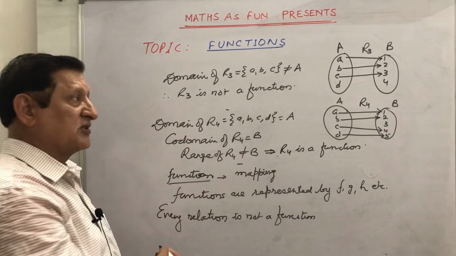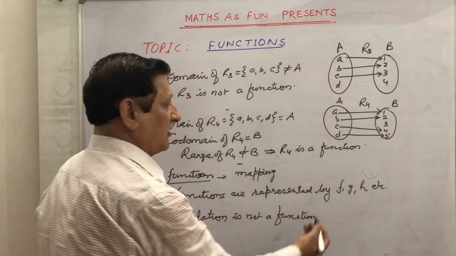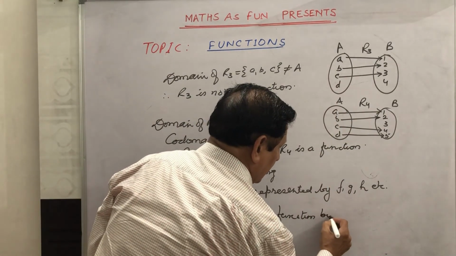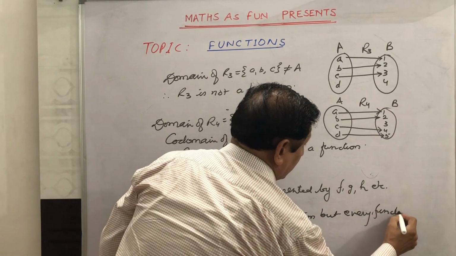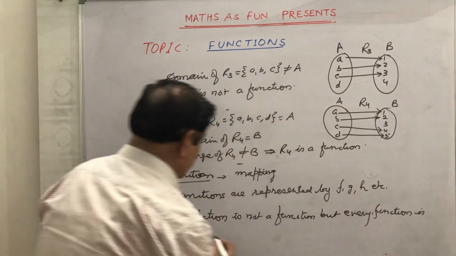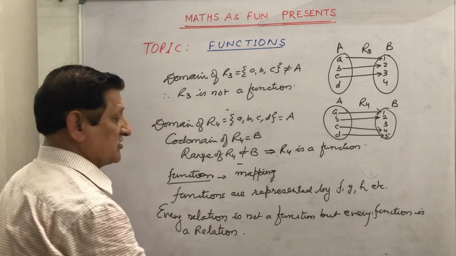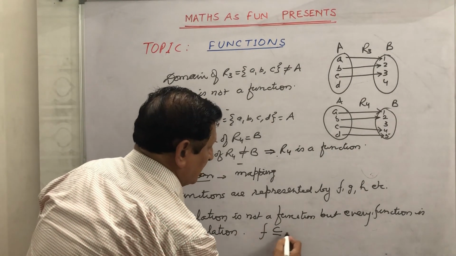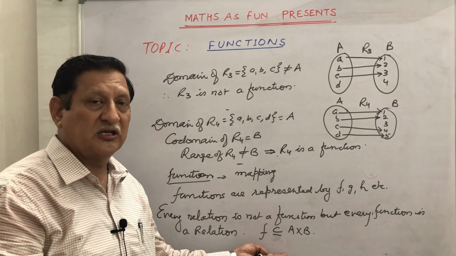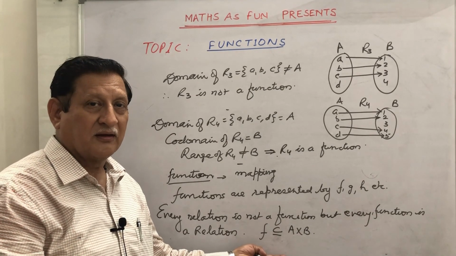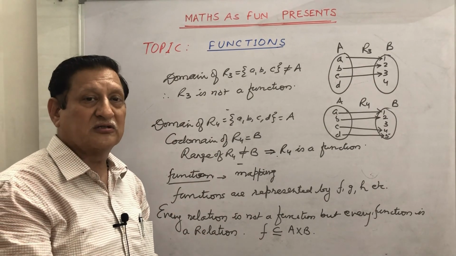But do you say that every function is a relation? Yes, because every function comes from relations only. So we say every function is a relation. And that's why we say that f is always a subset of A cross B, and this is the definition of a relation also. So it must be very clear to you now what a function is and how we can understand the function.